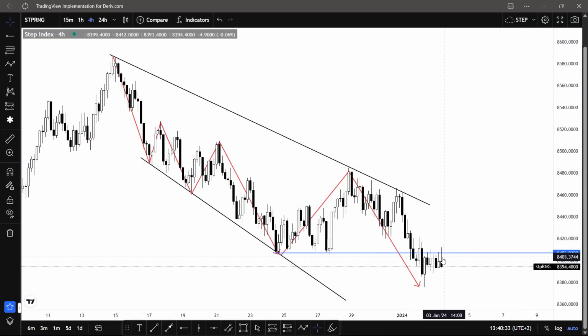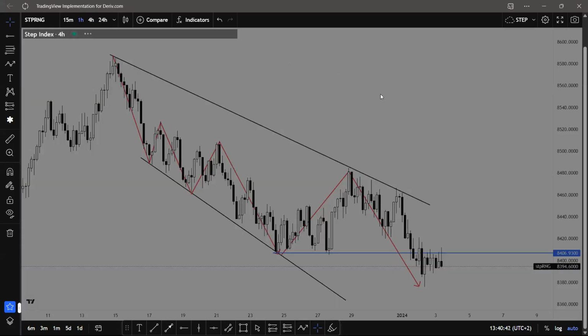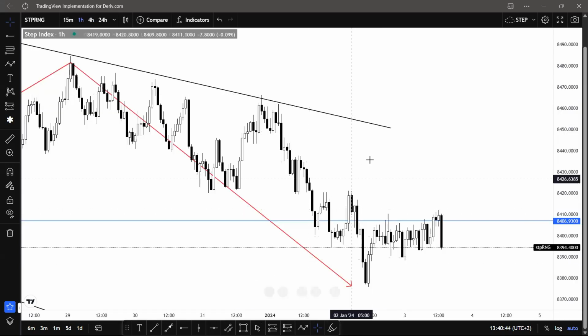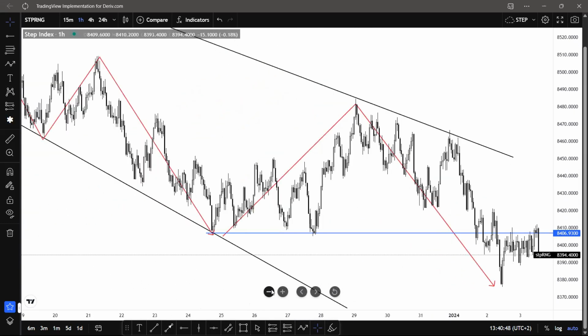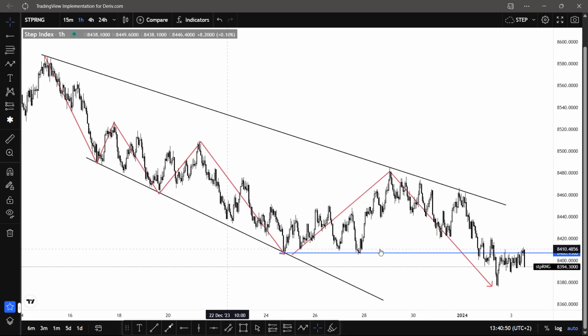So if this market continues to push all the way down, then we can classify that as an official lower high. I have a very good reason why I'm saying that.